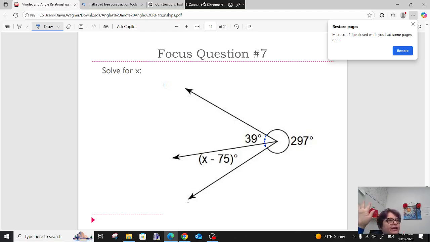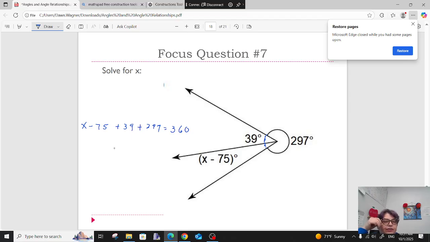Does everybody understand that a full circle is 360? So you add all three together and set it equal to 360. So x minus 75 plus 39 plus 297 is equal to what? 360. Because it made a full circle if I connected it.